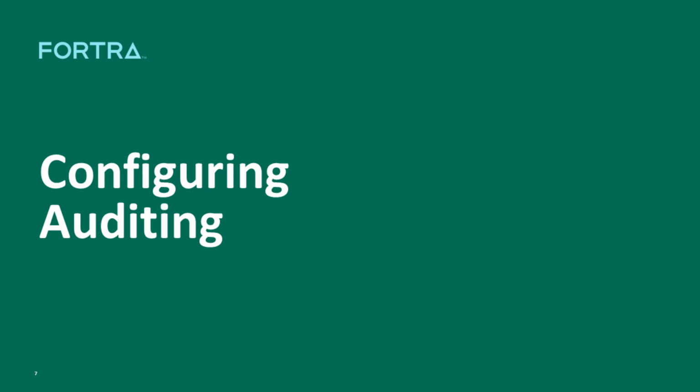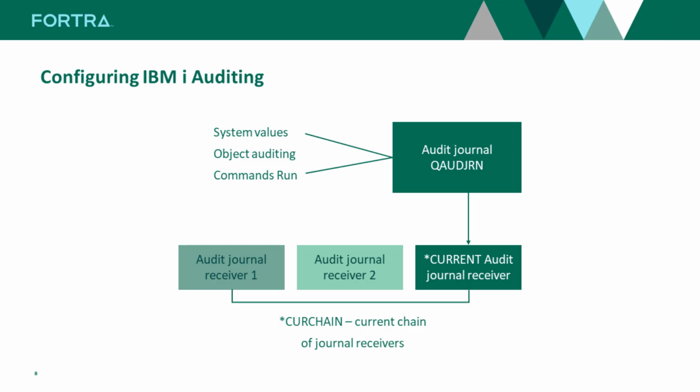So just from going into configuring that auditing, it's all about the audit journal. You're going to hear those words come out of my mouth probably more often than you think during today's presentation, because it really is all about the audit journal. There are 3 ways that we can have data fed into that audit journal, which is also considered the security log for the IBM i.